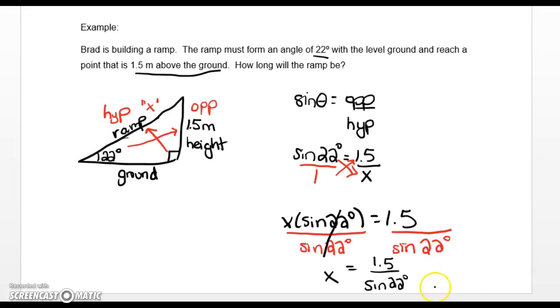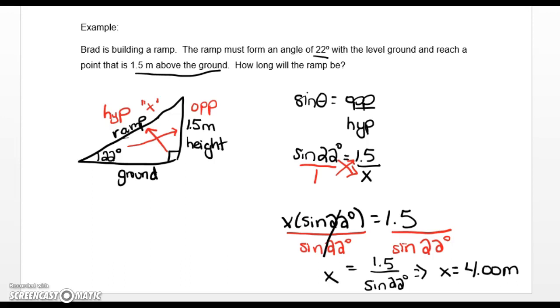Then I put this into my calculator: 1.5 divided by the sine of 22 degrees. That gives me x is equal to, and this one works out to exactly 4.00. Here our units are meters. So this tells us that the length of the ramp is going to be 4 meters long.